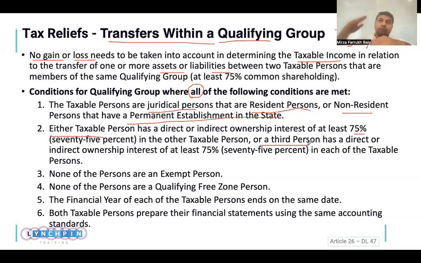So it could be part of the group, some parent and then sub-parent and so on. Again, it could be a direct holding or an indirect holding. Any one of them should not be exempt. They should not be qualifying free zone persons. The financial year should be the same, and the accounting standards should be the same in this case also.